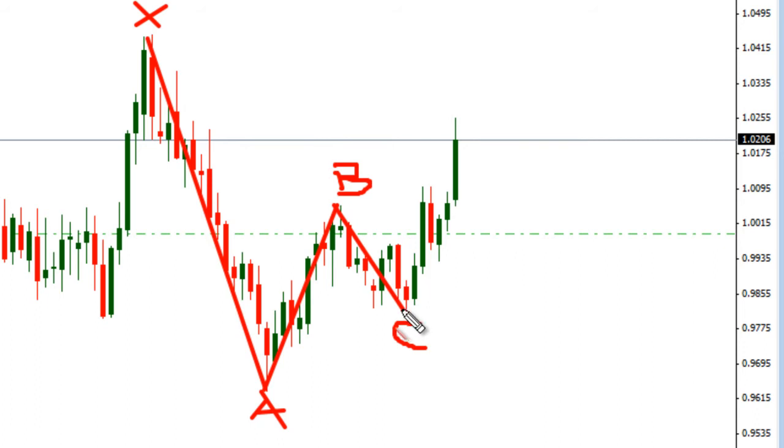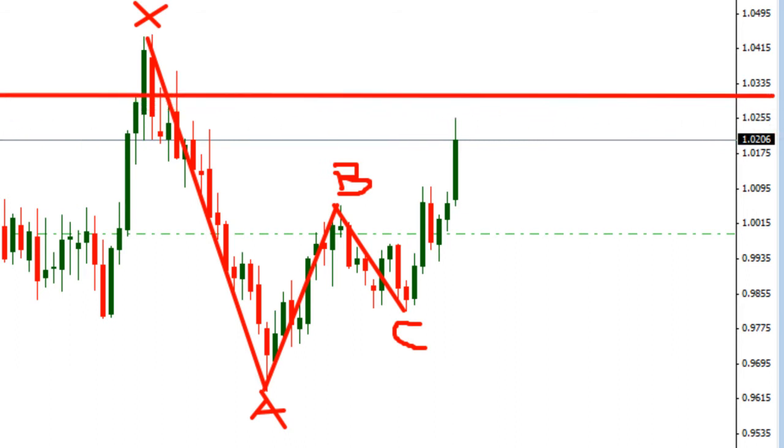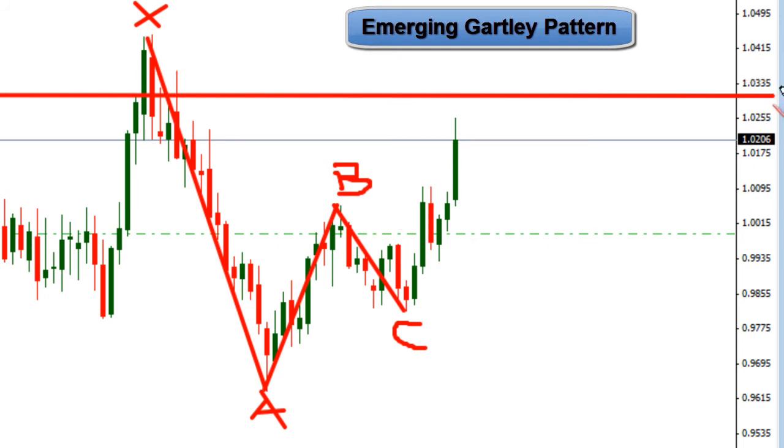So our potential reversal zone for this pair is within the range of 1.0275. 1.0275 is around here, to 1.0317. Sorry, 1.0317 is around here.